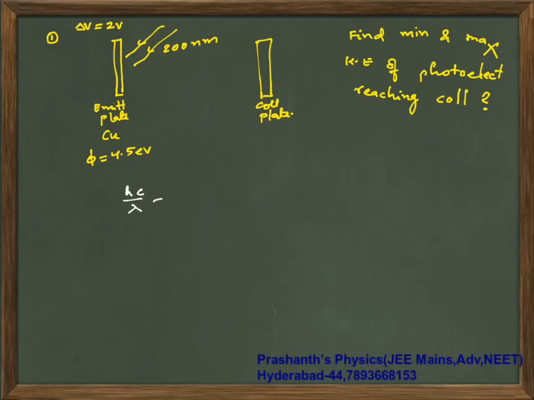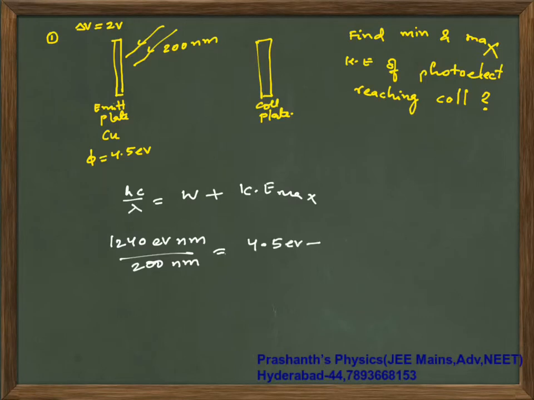hc by lambda is equal to work function plus Ke max. 1240 electron volt nanometer by 200 nanometer is equal to work function 4.5 electron volt plus Ke max. Keep this aside. What is asked is to find minimum and maximum kinetic energy.